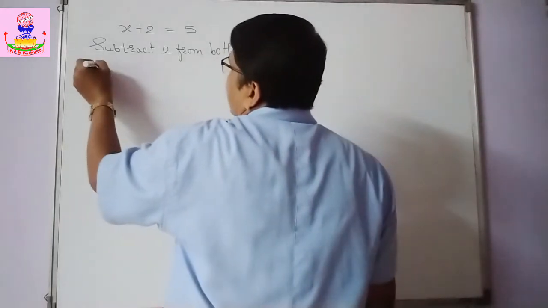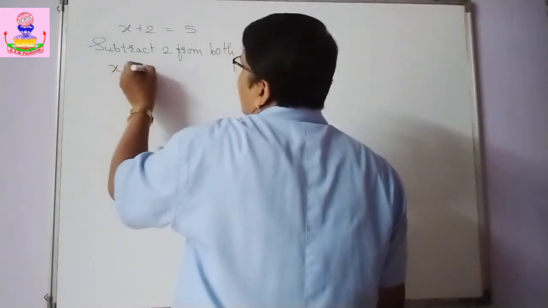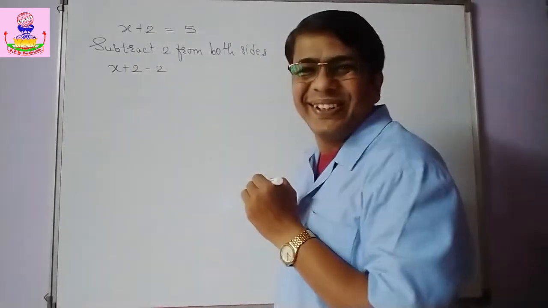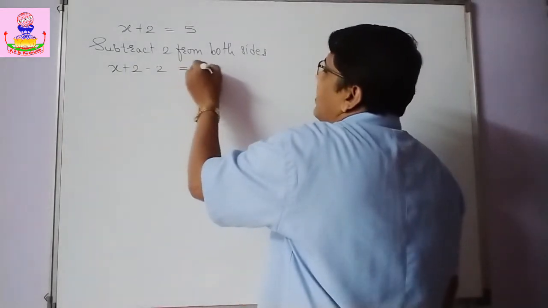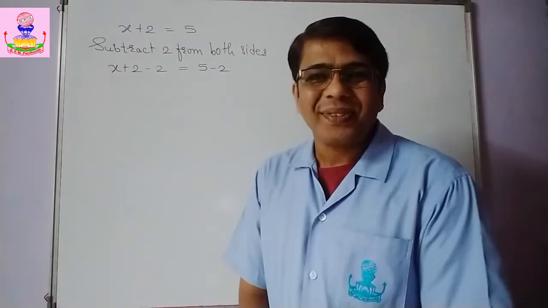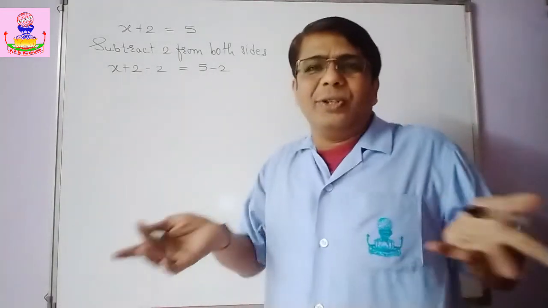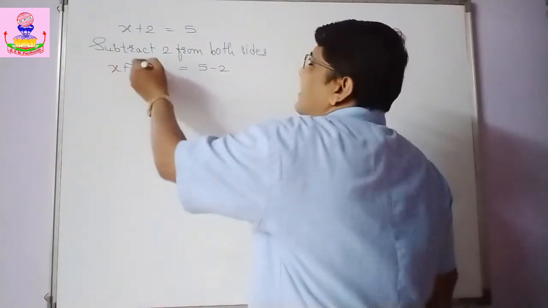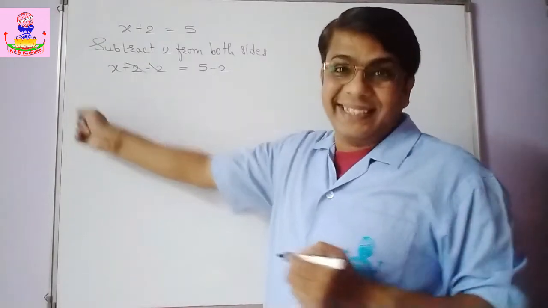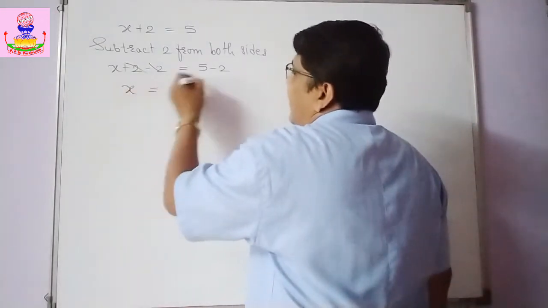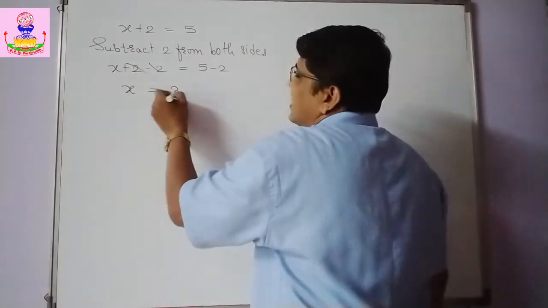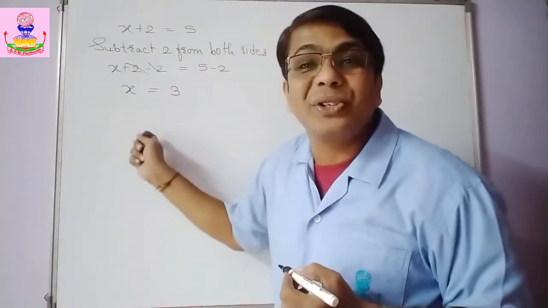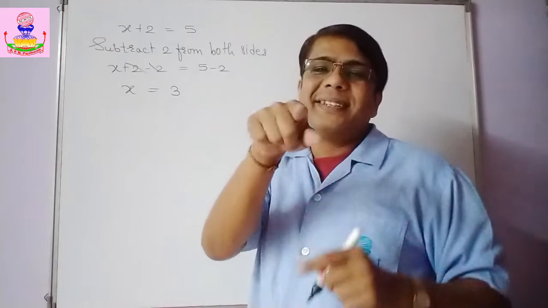What will happen? x plus 2 minus 2, and 5 minus 2. Now, plus 2 minus 2, 0, so cancelled. So what is left? Yes, x. And x is equal to 5 minus 2, 3. So this is the solution of the equation. The value of x is 3.